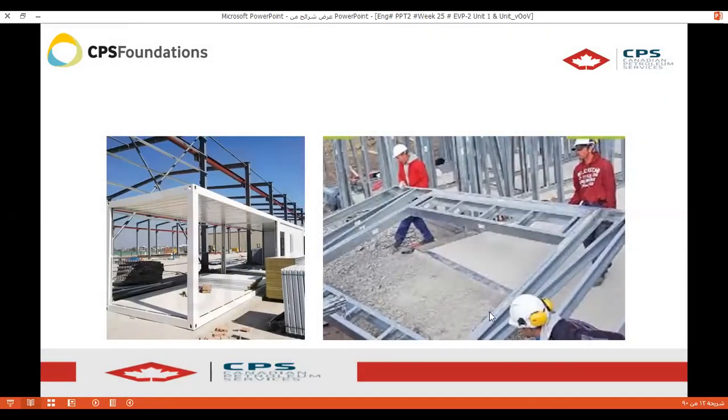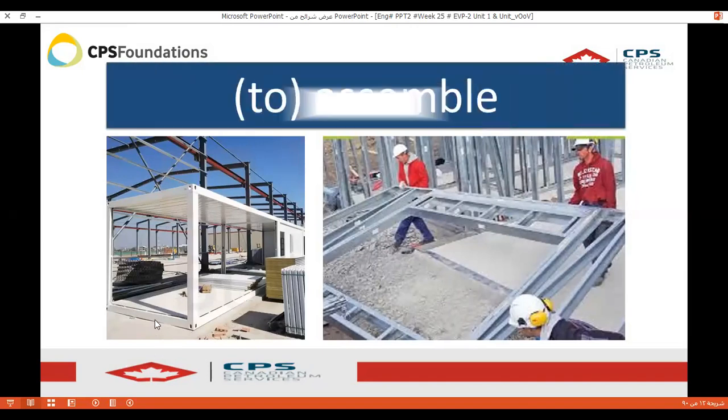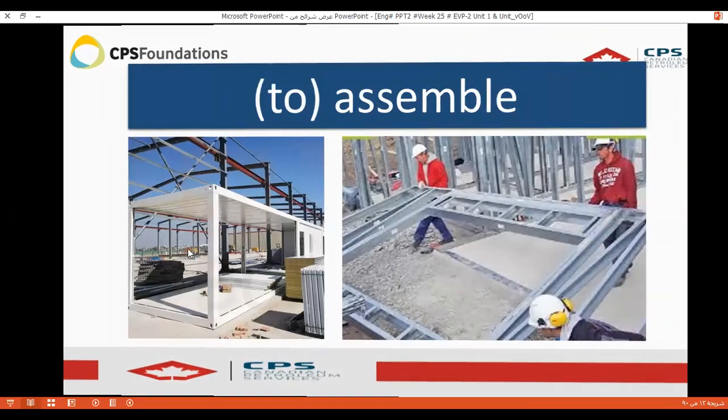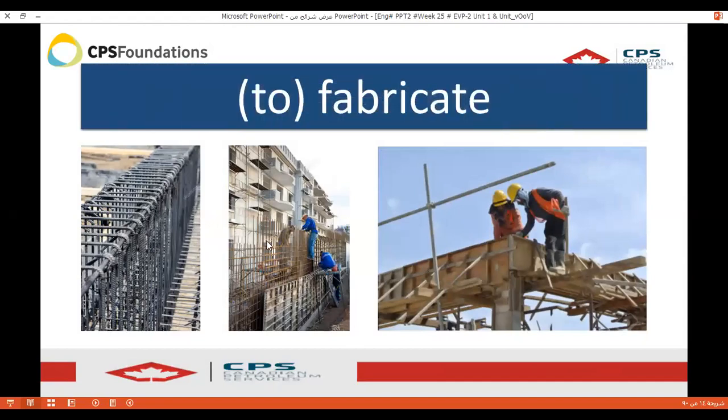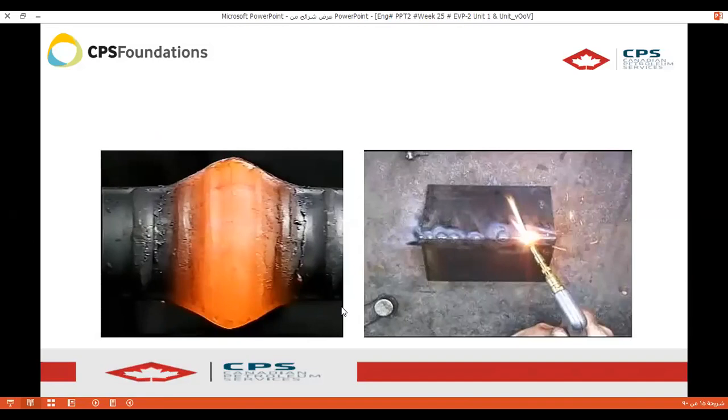Here we have a design and a symbol of a product. To assemble is to design something in a smaller size. Assemble. Here they are building. These are fabricators. To fabricate is to build or to create something. Fabricate.